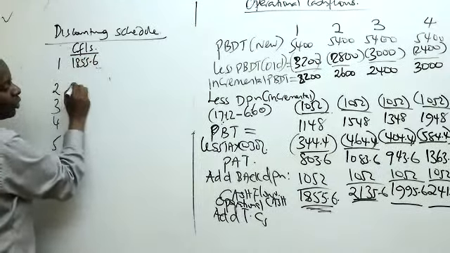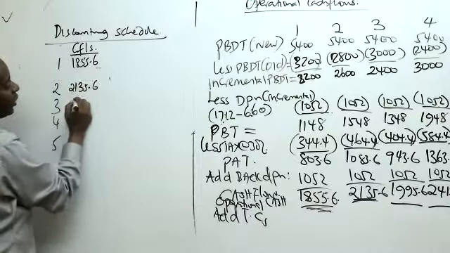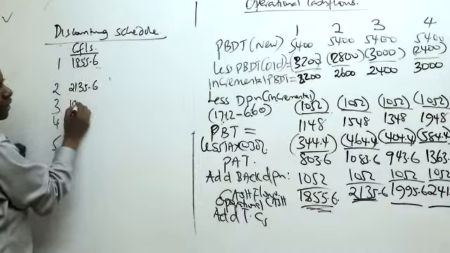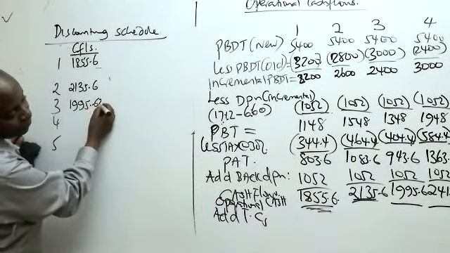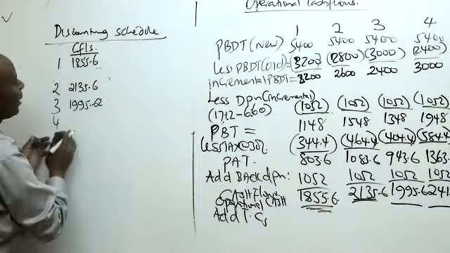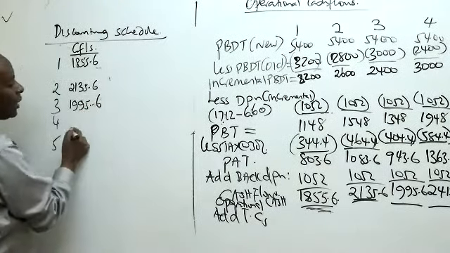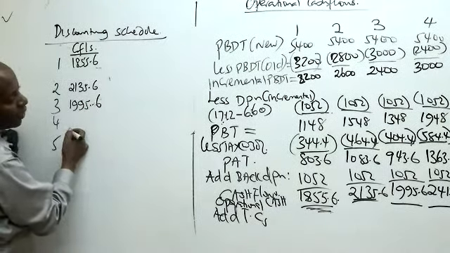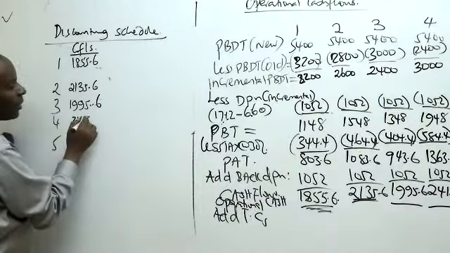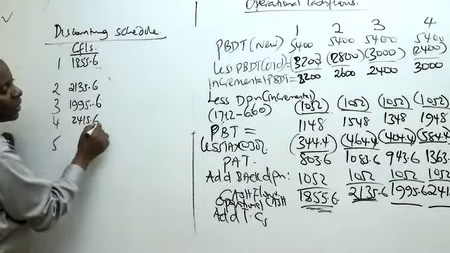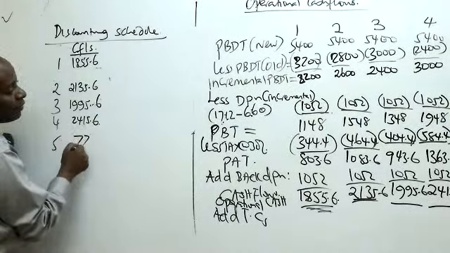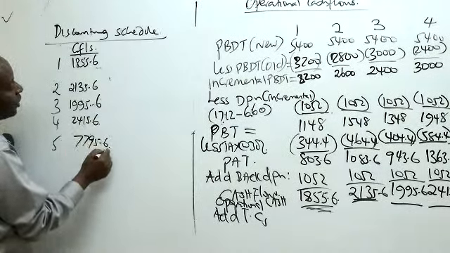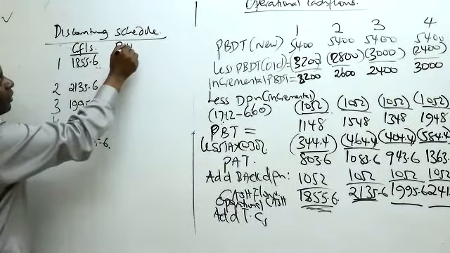Year 2 is 2135.6. Year 3 is 1995.6. Year 4, we have 2415.6. Year 5, you have to be careful, work with that total, 7795.6.